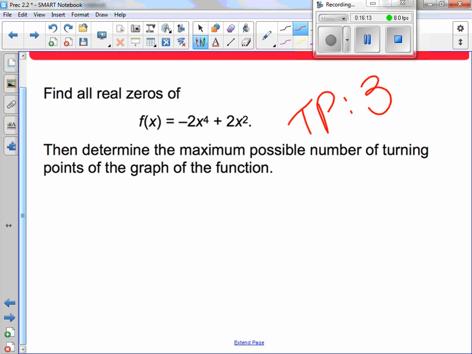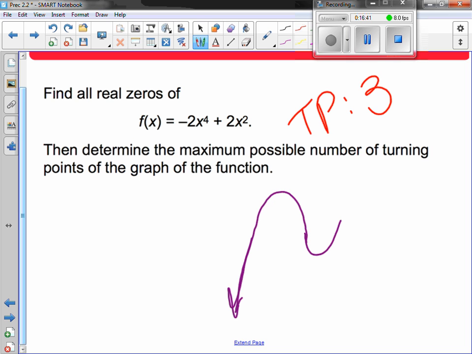It's going to turn at least 3 times because it's even and negative, yes? So we're starting from coming down here, yes? Because it falls to the left and right. So if I'm coming up this direction and I turn once, and I can go back down, yes? Because that would work because, again, even, it's going to go in the same direction. They're both going down.